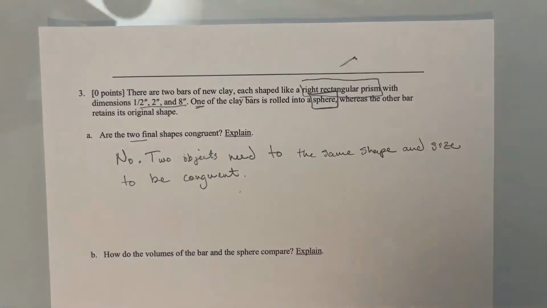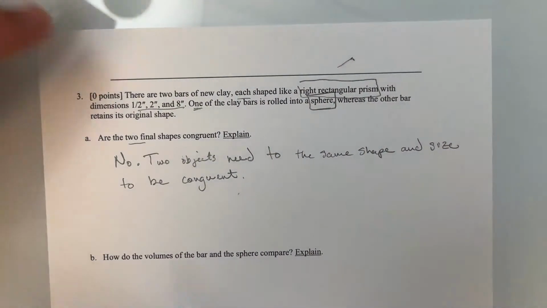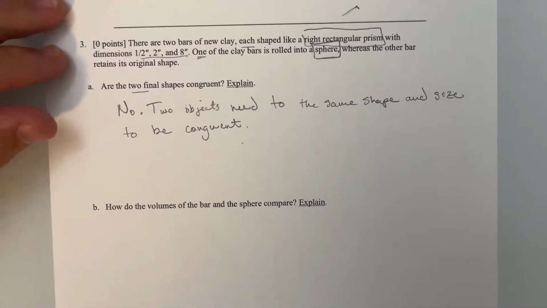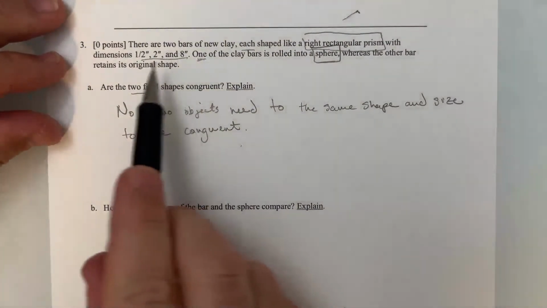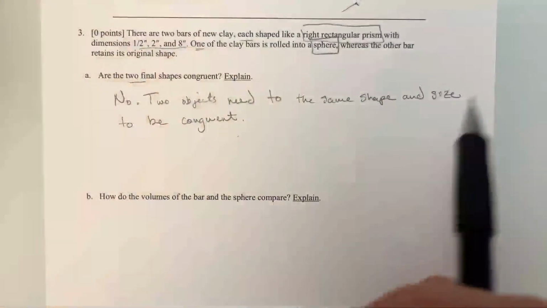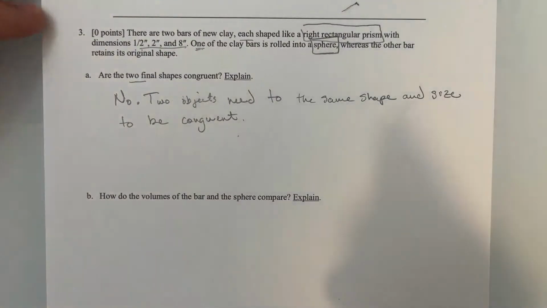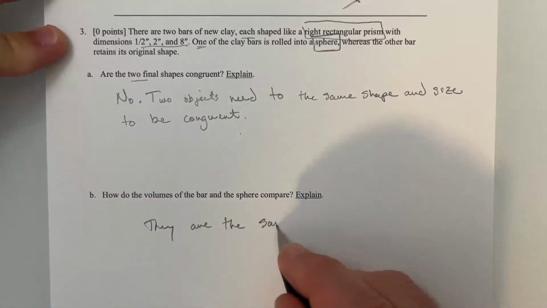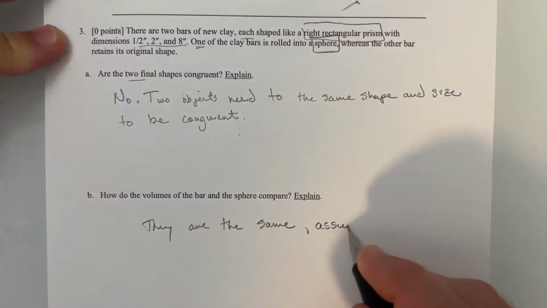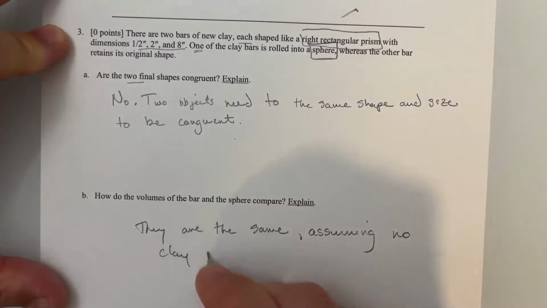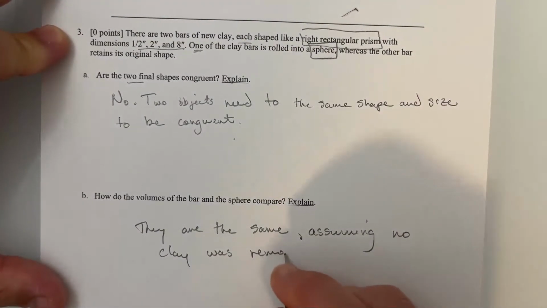They're not the same shape. They're changed. Right? But the volumes of the 2 things is not going to change. They're still the same amount of stuff. I'm assuming the brick was just formed into a sphere with no removal. So they're the same, assuming no clay was removed.